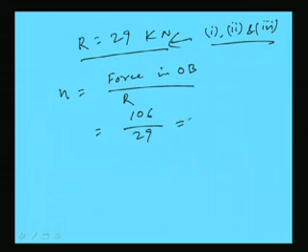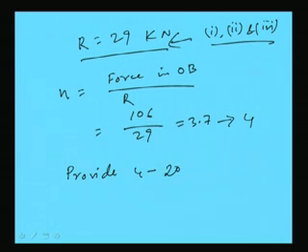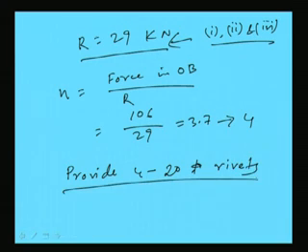So, this is becoming 3.7. So, we can provide 4 rivets. So, we can say for member OB provide 4 number of 20 mm rivets. So, this will be the answer.